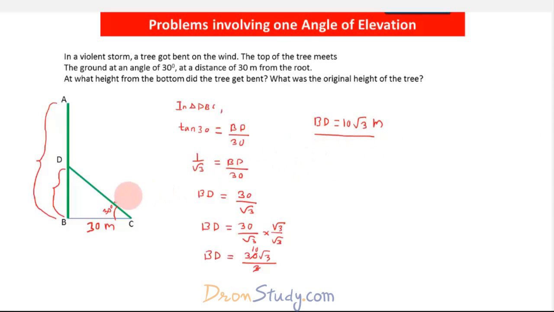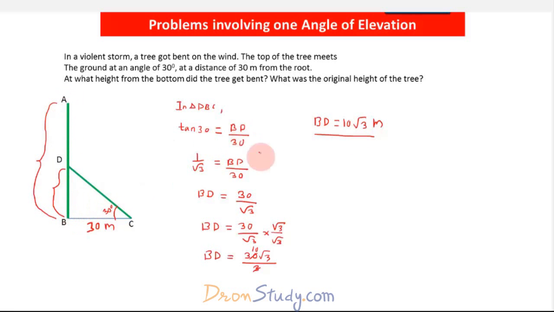Now we have to find the distance DC also, because we have to find the total height. DC and AD are of the same distance, and therefore AD plus DB will give us the total height of the tree.